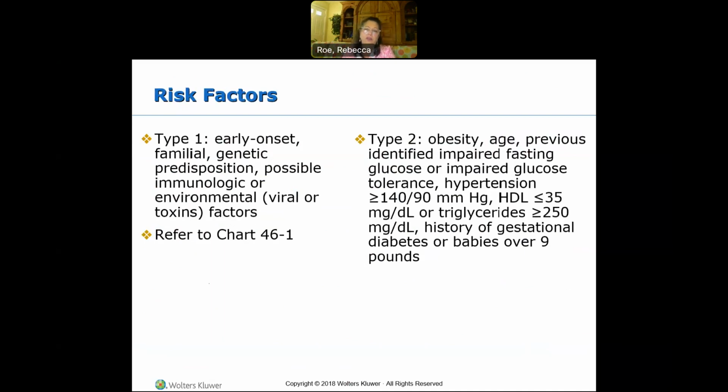You'll have blood sugars, the hypertensive greater than 140/90, your high density lipoproteins will be less than 35, and your triglycerides will be high, greater than 250, and you'll have possibly a history of gestational diabetes or babies that are over 9 pounds.